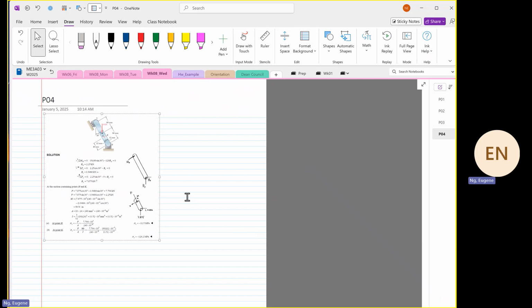But you don't need those equations at all. You don't need. Now, let's look at this problem.